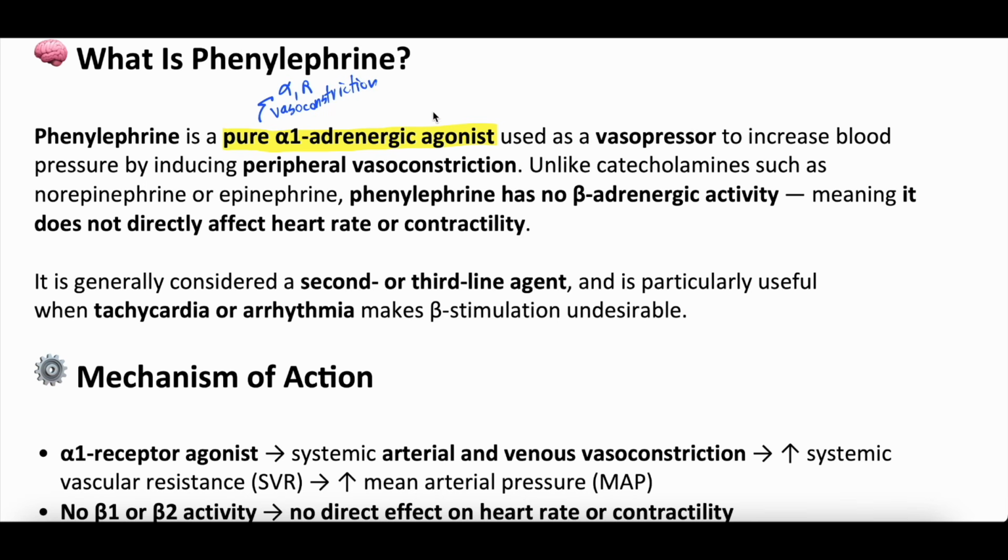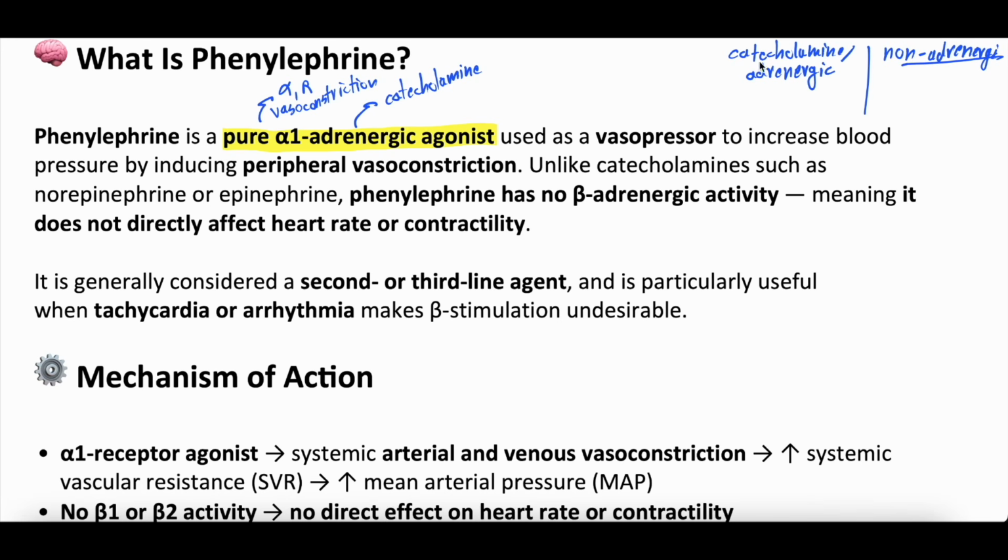So it's pure alpha 1 adrenergic. Adrenergic is essentially catecholamine based. So this is a catecholamine based vasopressor because it works on catecholamine receptors. We divide up vasopressors a little bit into catecholamine or adrenergic, which are kind of synonyms in this case, so adrenergic, catecholamine, catecholaminergic, and non-adrenergic or non-catecholaminergic vasopressors.